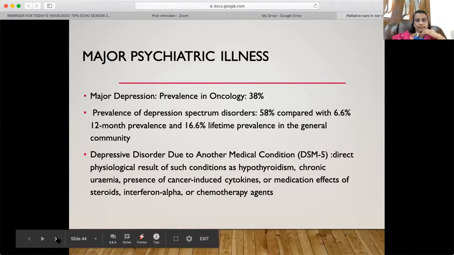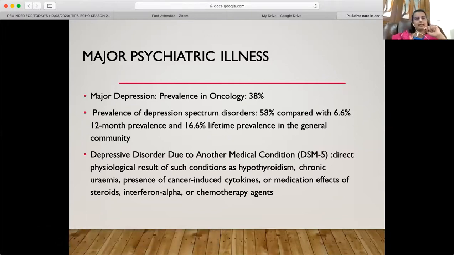I won't go into details of the major psychiatric illnesses. I'm only mentioning it because it's important to understand that, especially with cancer patients, it's quite prevalent, especially depression. 38% of patients in oncology can present with depression.